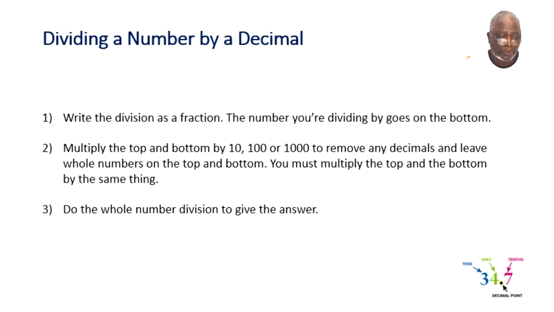Multiply the top and bottom by 10, 100 or 1000 to remove any decimals and leave the whole number on the top and bottom. You must multiply the top and the bottom by the same thing, bringing it to its lowest factor. Do the whole number division to give the answer.